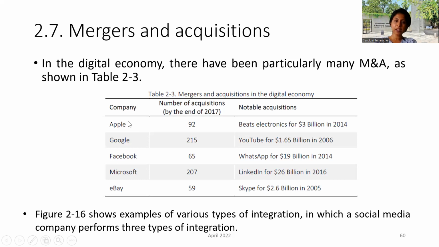For example, here we have given the company and what the notable acquisitions made were. Apple's acquisition of Beats Electronics, then Google's acquisition of YouTube, Facebook's acquisition of WhatsApp, Microsoft's acquisition of LinkedIn, eBay, Skype.